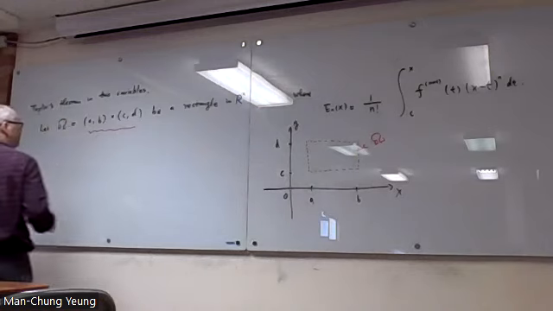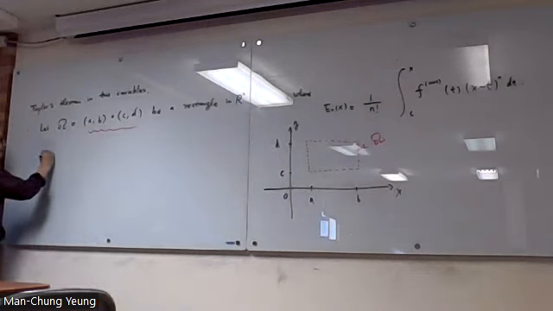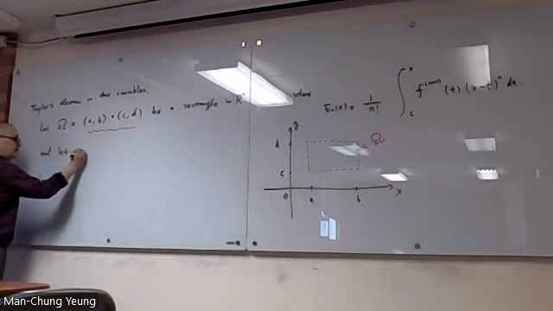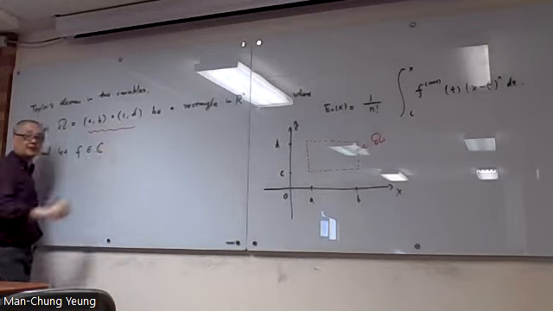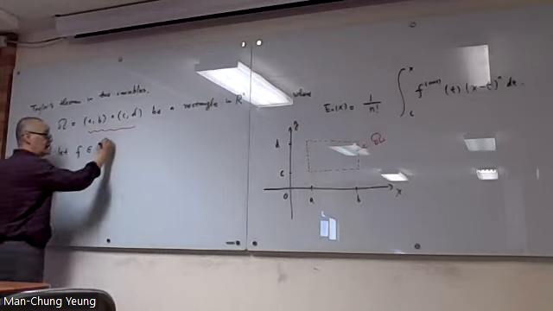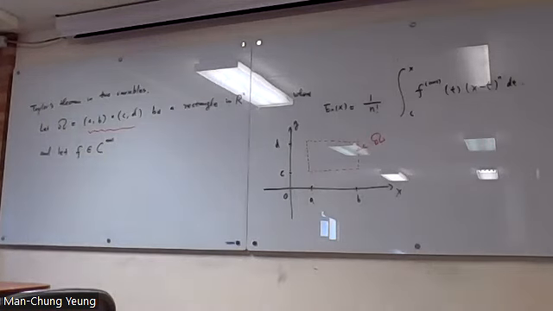Let omega be that rectangle, and let function f be C to the n plus 1, continuous derivatives of order n plus 1. Now, the function has two independent variables, so the derivatives are partial derivatives.